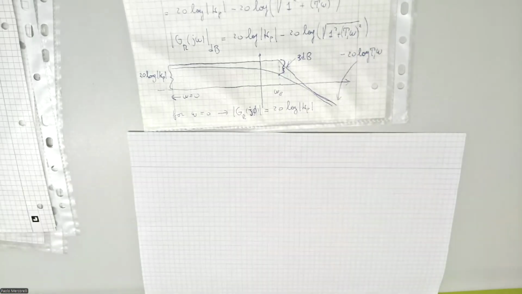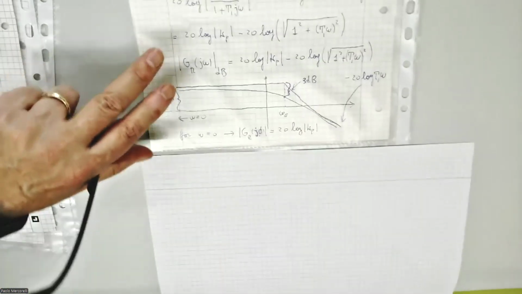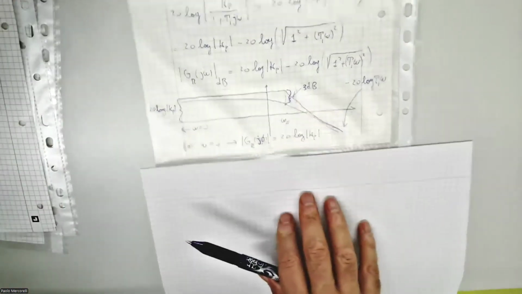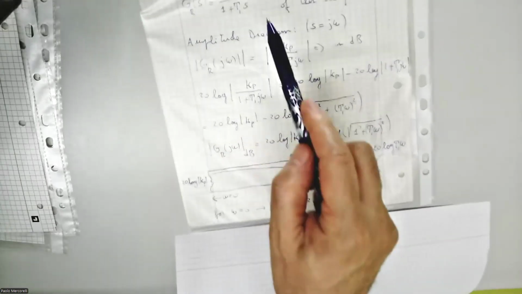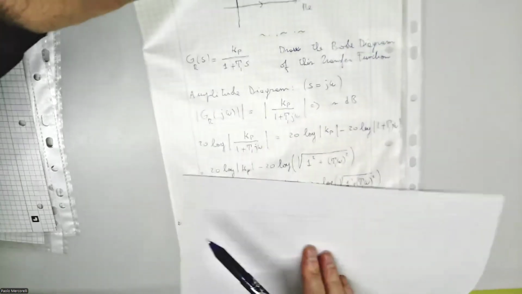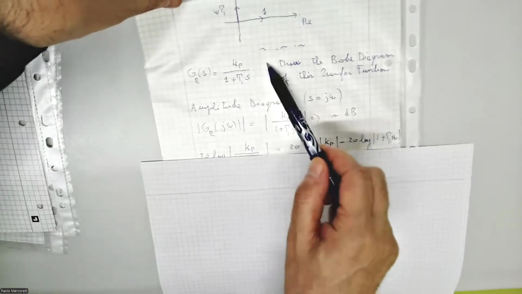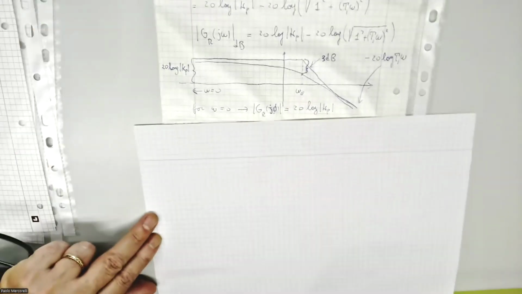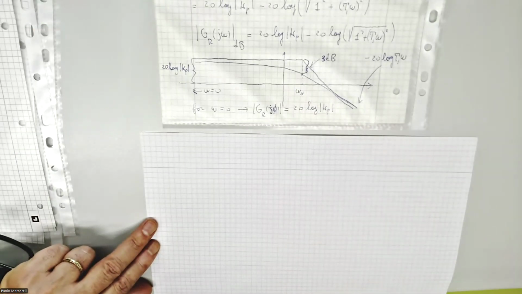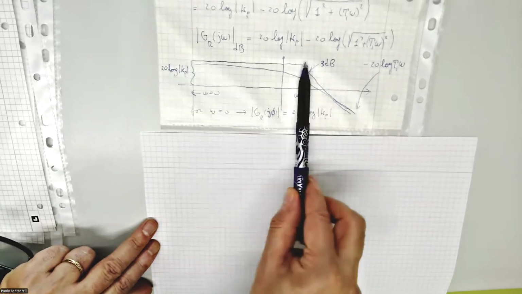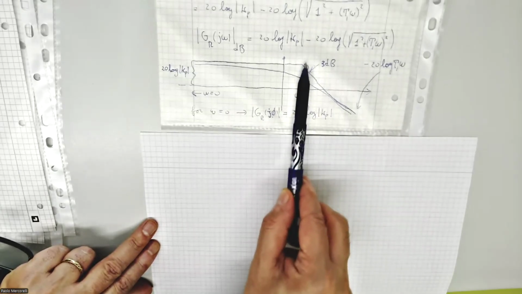Now, to draw the Bode diagram of this function, very often, in particular if you don't have MATLAB, we will use this asymptotic analysis. This means we approximate with this line and with this line.